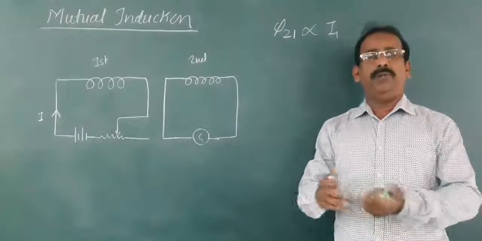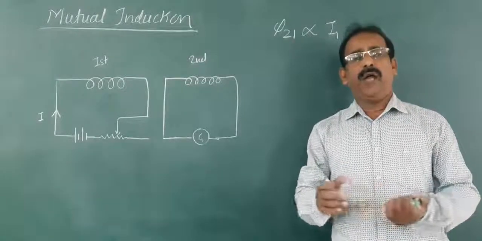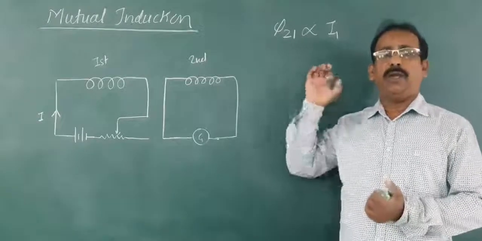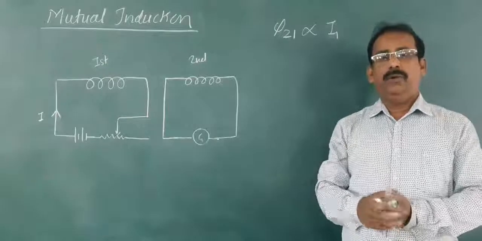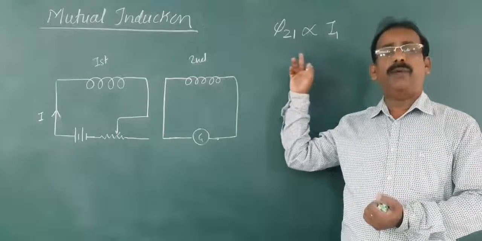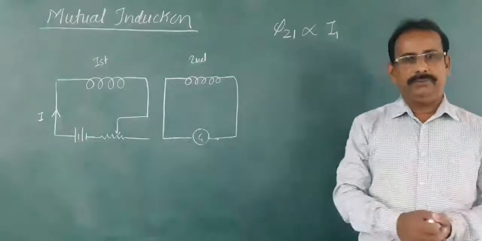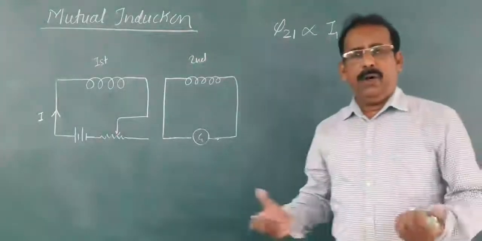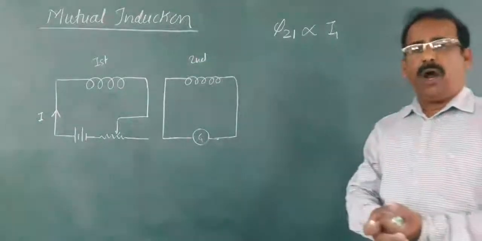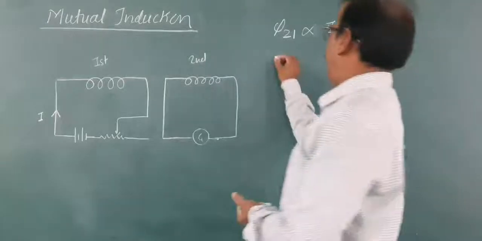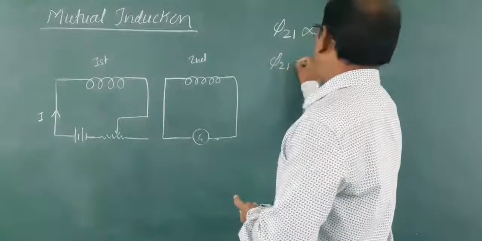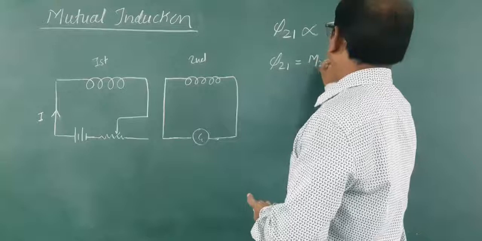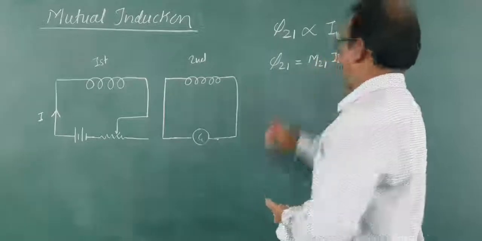Denote the current in the first coil, that is the current in the primary coil, by I1. φ21 is proportional to I1. Remove the proportionality sign by putting a constant M21. You get φ21 is equal to M21 into I1.